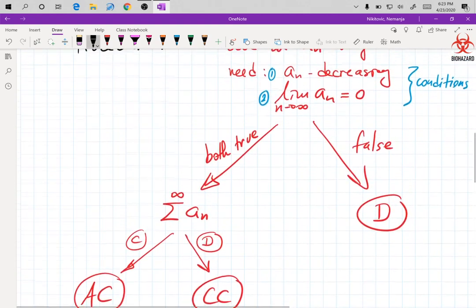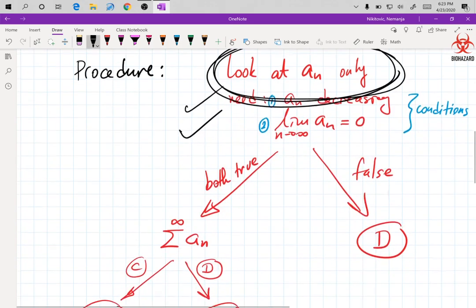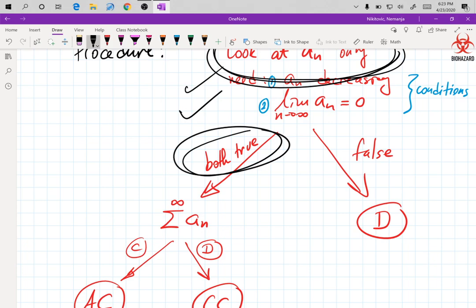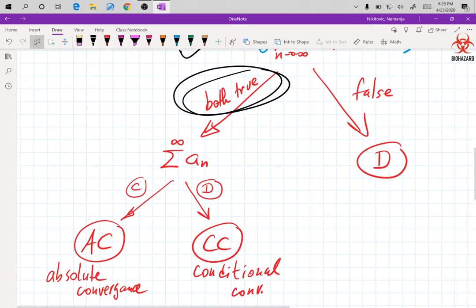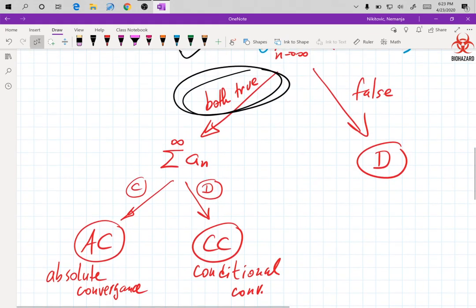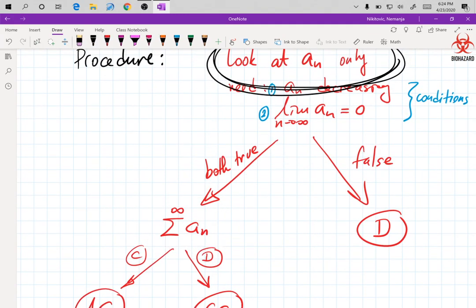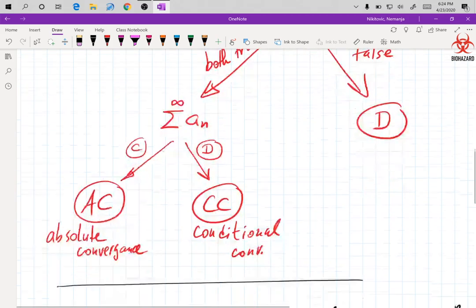So now, since both conditions hold, we are on a convergence branch. See, we are starting with an, and both of these conditions 1 and 2 hold, both true. So we are on the convergence branch. We know that the problem is converging. Now the question is, is it absolute or conditional convergence? And we will check that once we run the final step, which is to find the series without the alternating term. It's a roadmap.